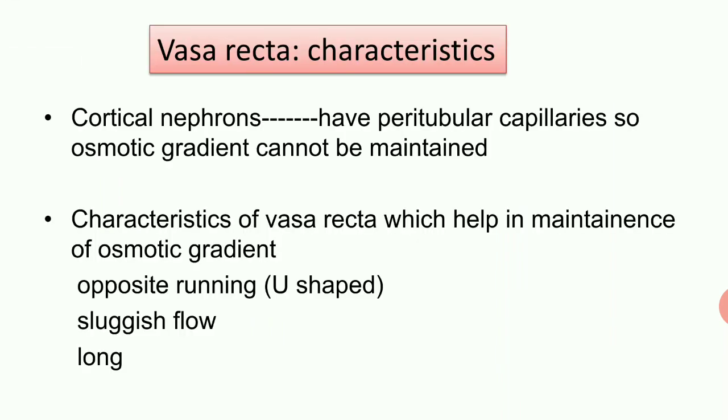So the characteristics of vasa recta are that they are opposite running, U-shaped, sluggish flow, and long, while cortical nephrons have peritubular capillaries. So the osmotic gradient cannot be maintained by cortical nephron peritubular capillaries. So this is the importance of vasa recta.